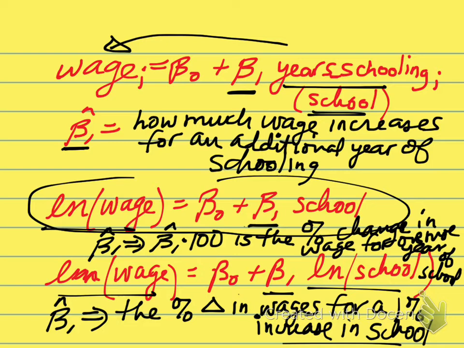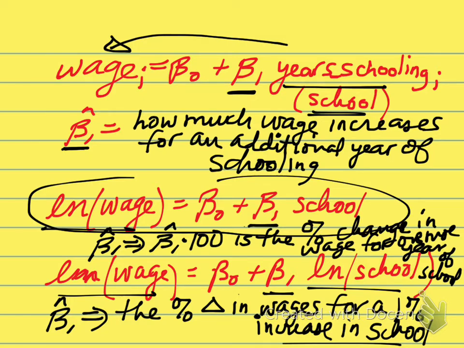So it's a nonlinear specification. So the effect depends. If we started with a low level of schooling, a 1% increase would not be a very big amount. If we were thinking about a 1% increase from having 20 years of school, that would be a 0.2 years of schooling increase, whereas a 1% increase from 1 year of schooling would be 0.01 year of extra schooling.